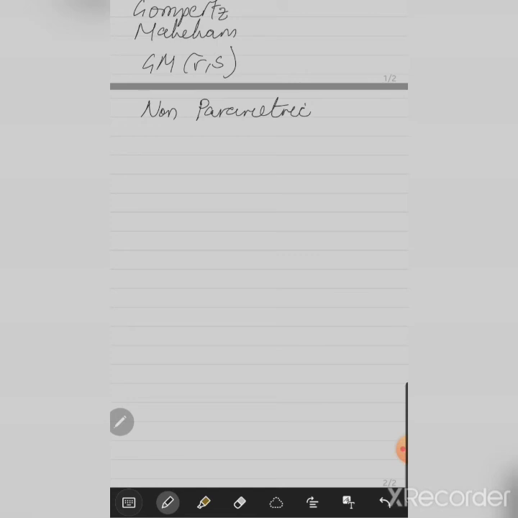So whenever I'm using the word non-parametric, the intention is very simple. For the hazard function, I don't make any kind of assumption. I have no assumption regarding the underlying distribution for the hazard function or even the survival rate.